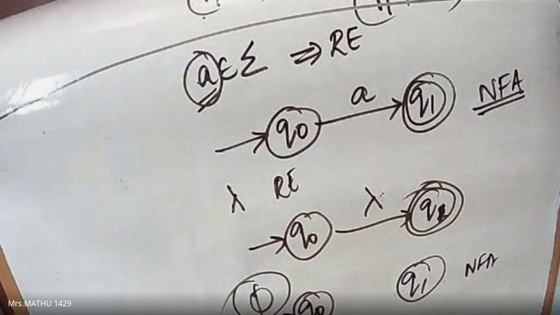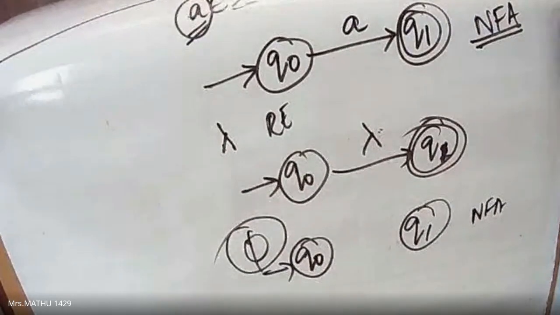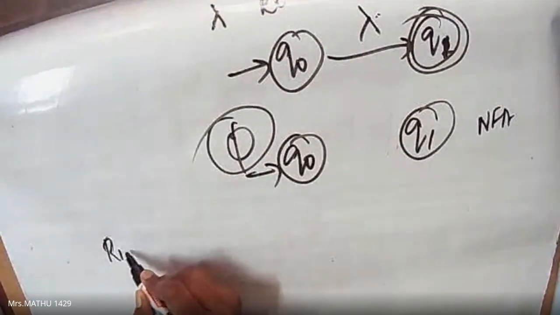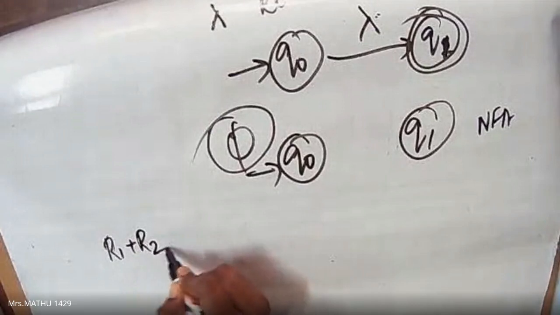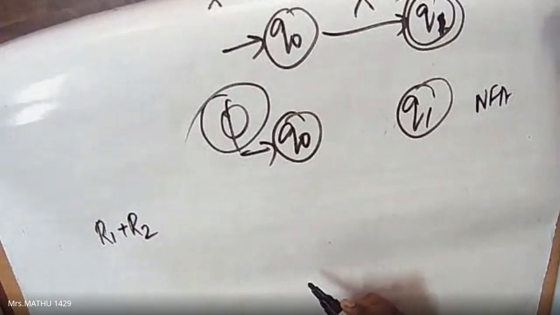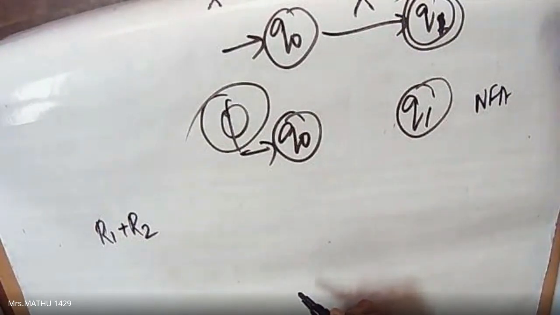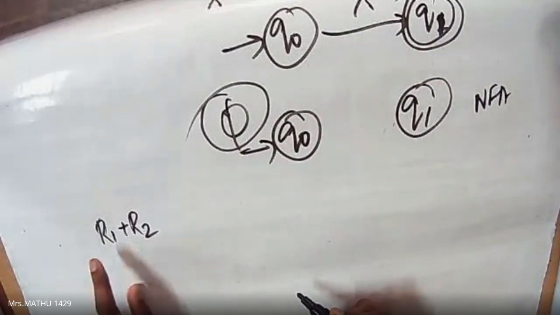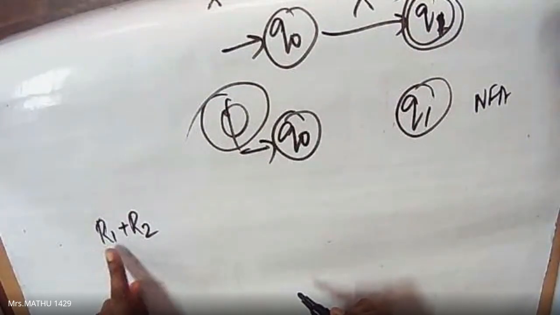And we also have R1 plus R2. Now let us see one by one: R1 plus R2, R1 into R2, and R1 star. What is the meaning of R1 plus R2? It is union, either this or that, R1 or R2.